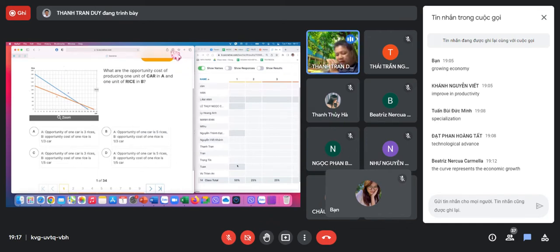Now, can anyone tell me the way to answer these questions, the methods to answer them? If we look at questions like this, how can we answer?